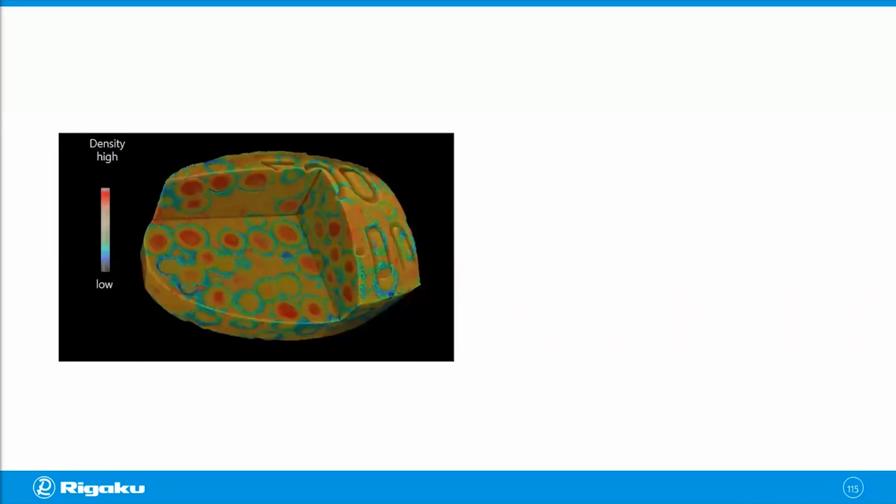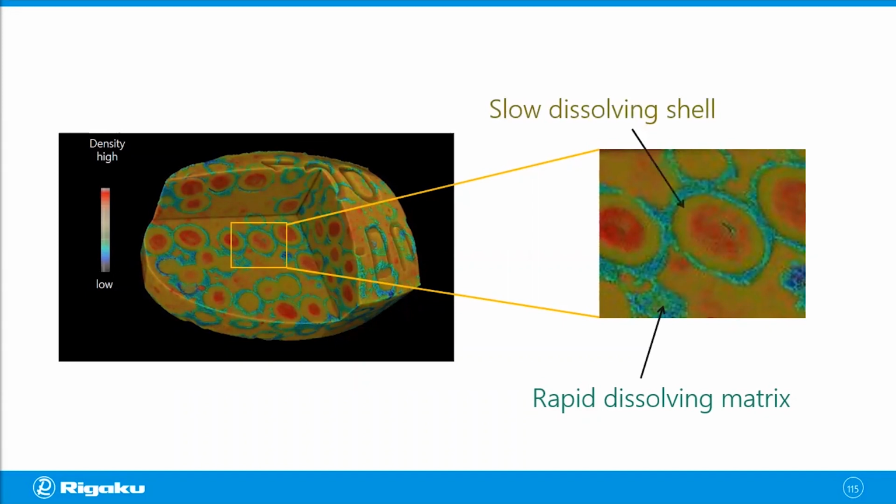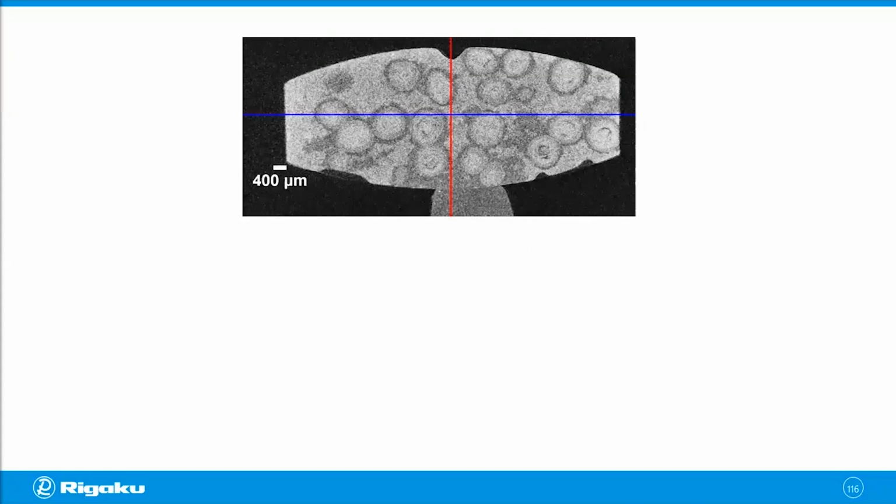So this is a tablet we used for this experiment, and this one has a pretty intricate structure to control the release rate. It has this rapid dissolving matrix surrounding the slow dissolving shell, which is surrounding the API. And all those three phases are there to control the release rate. At the beginning of the experiment, all three phases are there intact.